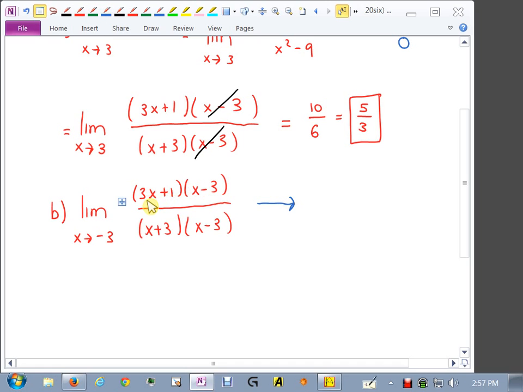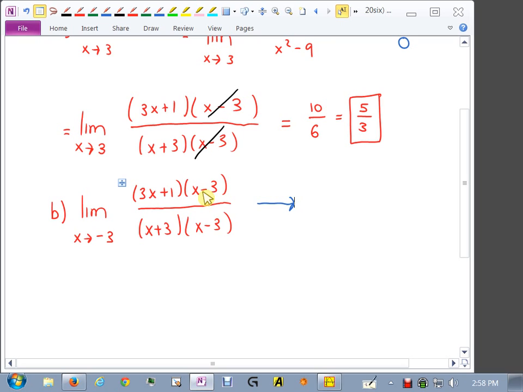You get on top, negative 9 plus 1 is negative 8, right? Negative 8, and then you plug negative 3 in here, you get negative 6. So negative 8 times negative 6, positive 48.